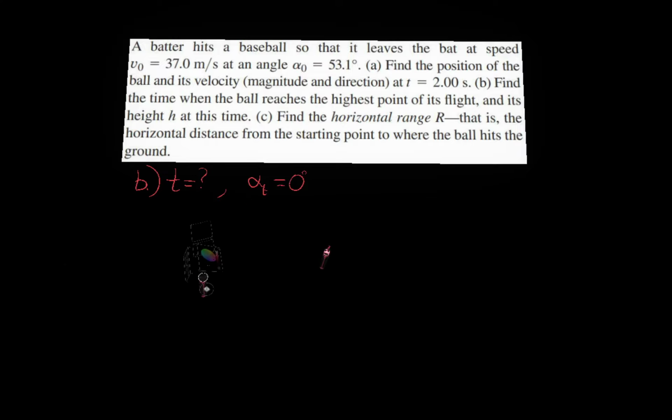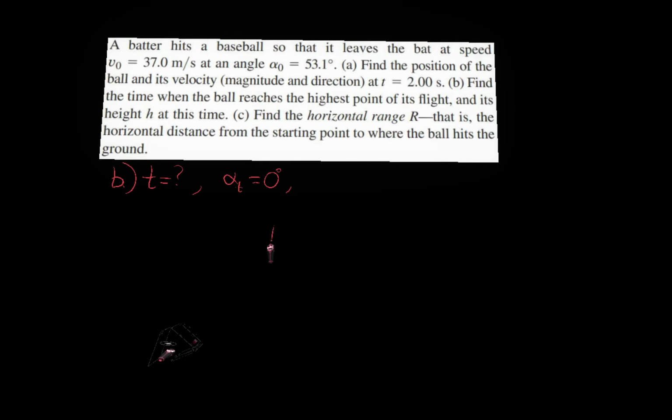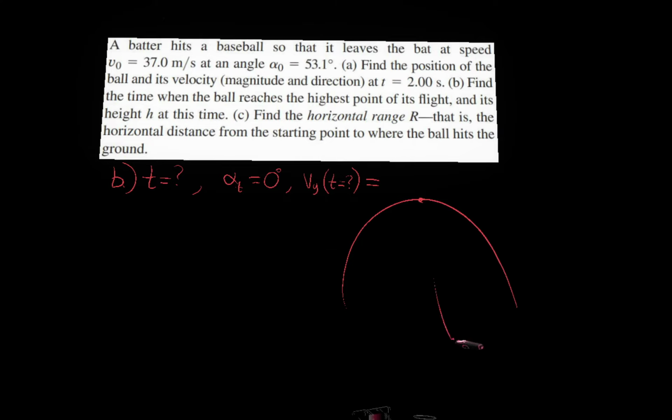Another thing that must be true is the vertical velocity, Vy, at the time that we are concerned with. Vy at time t equals what we're trying to find out. That must be 0. It's not traveling up or down, right? When it's at the top here, for that moment it's at its peak, it's not going up or down.